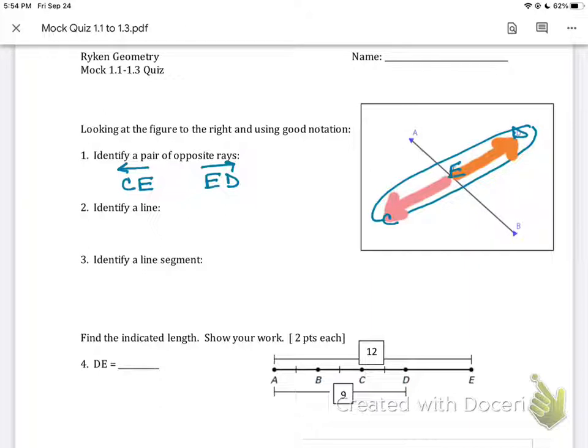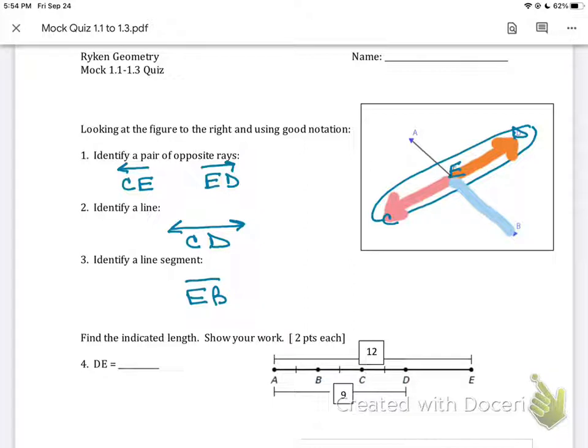Okay, next I'm going to identify a line. Well, that line that the rays are on is a good one to pick. So here's my symbol, and here are the letters of the line. Remember, you just need 2 letters. Okay, can we identify a line segment? So let's go for a different one. How about right here, from this point E all the way to B. So that's going to be line segment EB, and the notation for that is a single line.